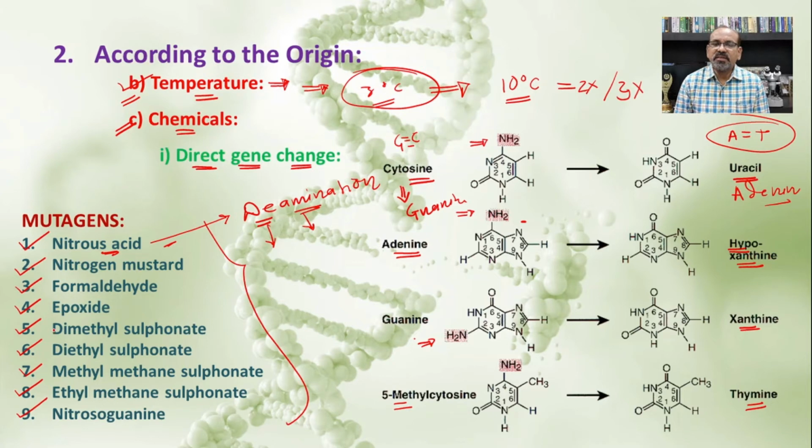These are some examples of deamination in which a particular nitrogen base changes, and later it pairs with unusual nitrogen bases, which results in the replacement of nitrogen bases in the sequence, and that is responsible for the mutation in the DNA.